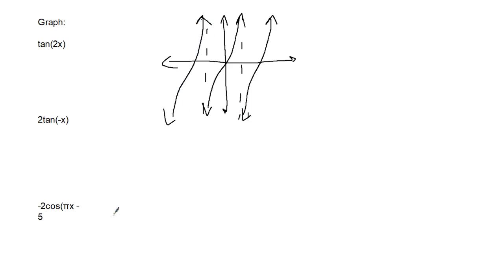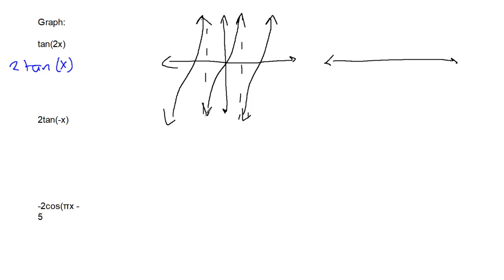But what does the 2 do? Well, the correct answer is the 2 doesn't really do anything, right? The 2x in there is actually, no, I lied. The 2 does a good amount of stuff, right? I was thinking of 2 tan x. The 2 tan x doesn't really do anything.